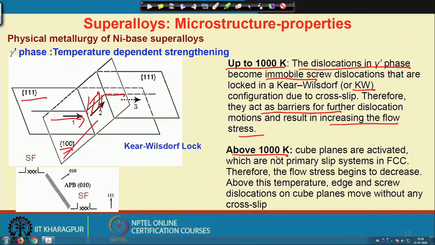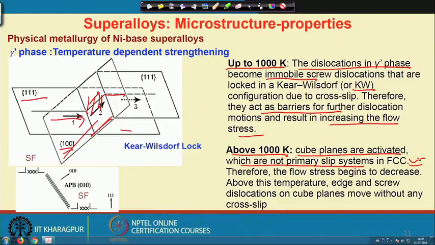However, above 1000 K, you have seen that the stress decreases. This stress decrease is linked with slip on the cuboidal planes, which increases, meaning cube planes are activated at higher temperature, which are not the primary slip system in an FCC.